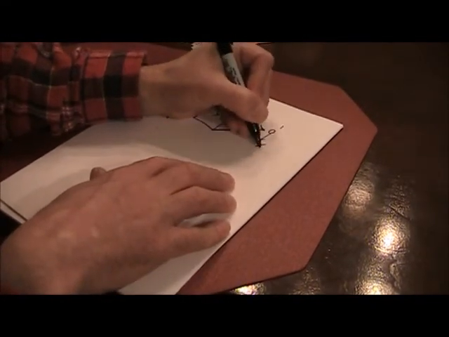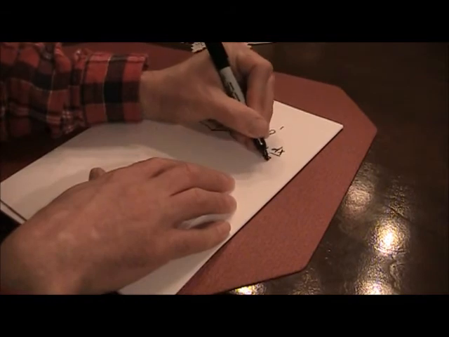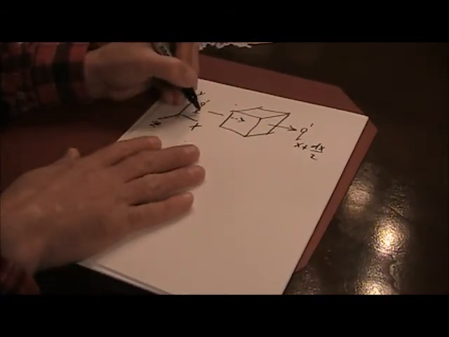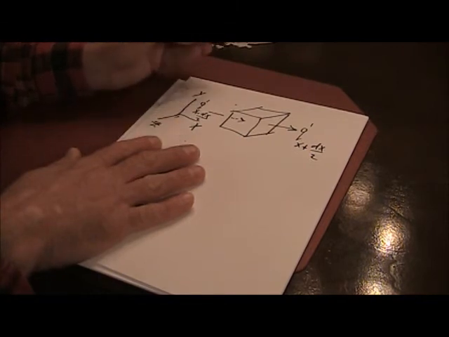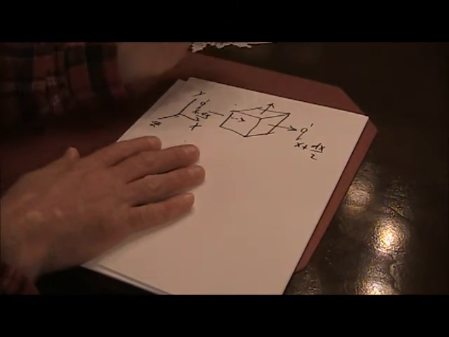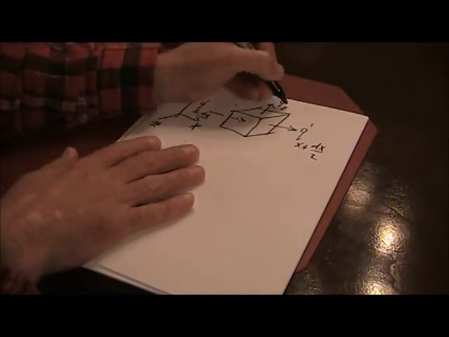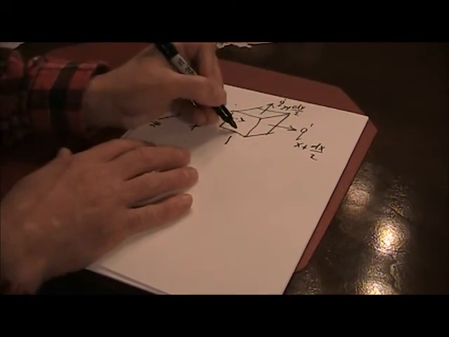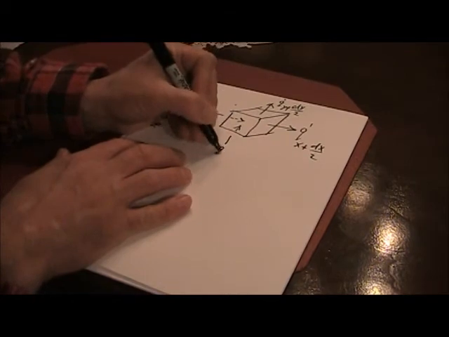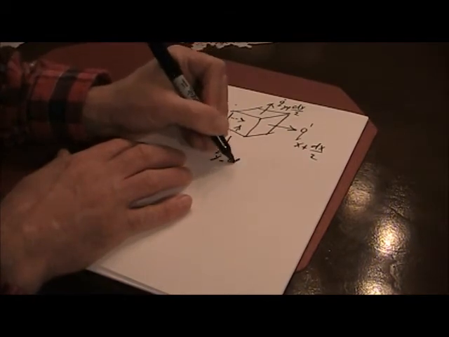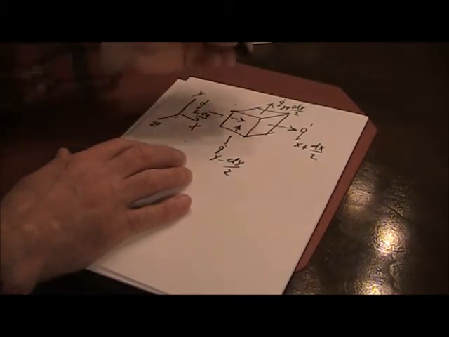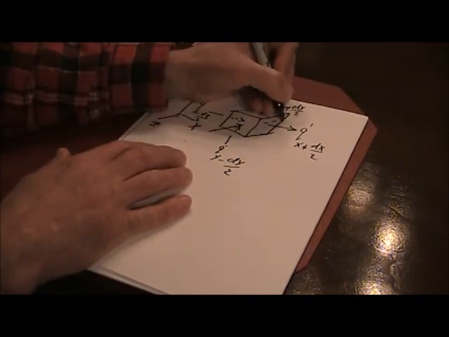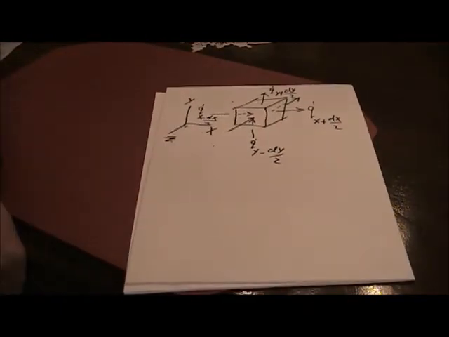Here again, this is q dot at x plus delta x over 2, q dot at x minus delta x over 2. Up here we'd have q dot at y plus delta y over 2, and down here q dot at y minus delta y over 2. And then here again you can do the same thing in the z direction, and you get q's in the z direction.